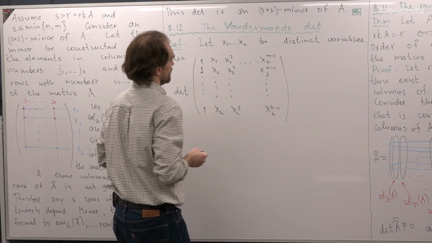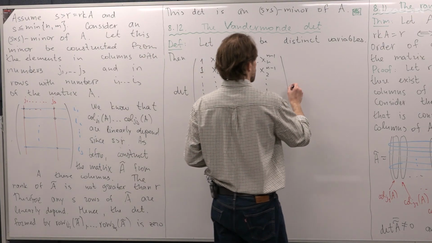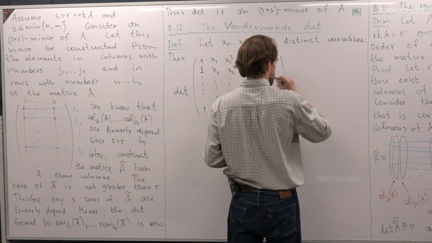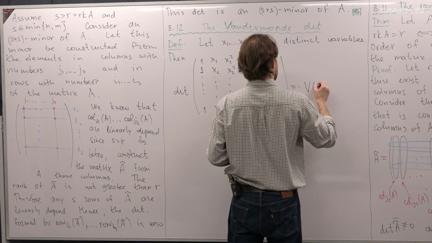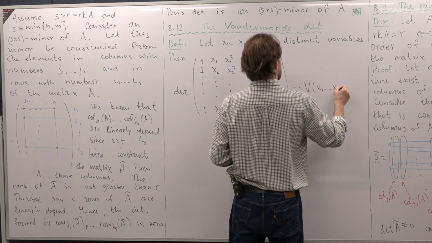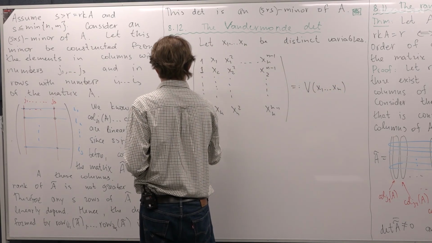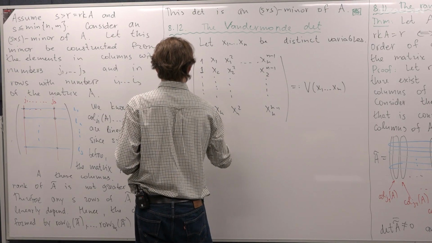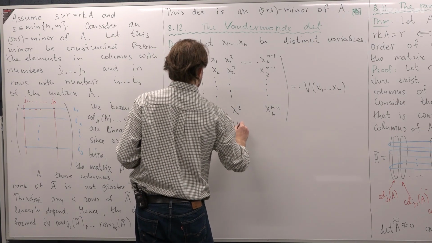So the determinant of this matrix, which will be denoted by the capital V of x1, etc., xn, is called the Vandermonde determinant.